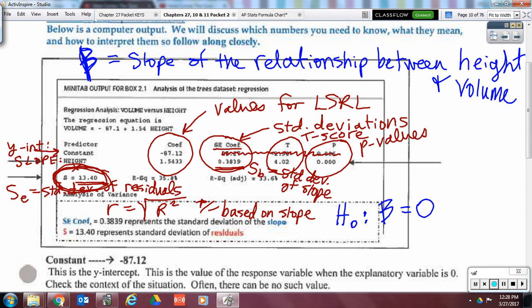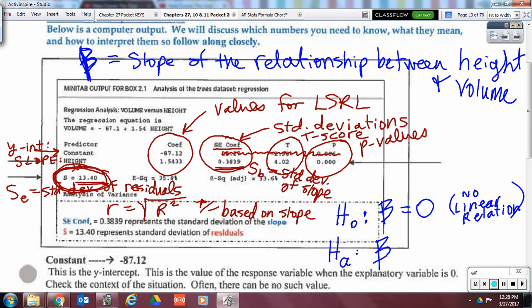And if the slope is 0, what does that say about this linear relationship between height and volume? There's not one. So if your slope is 0, that essentially says there is no linear relationship between height and volume. Okay? Our alternative hypothesis would say what?